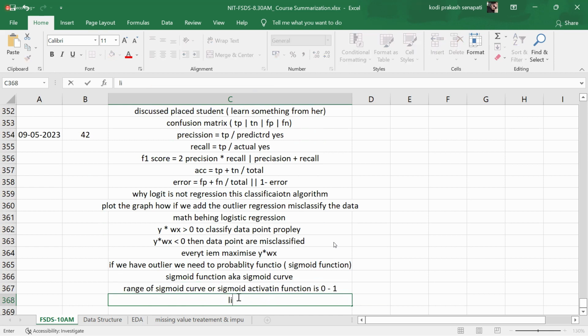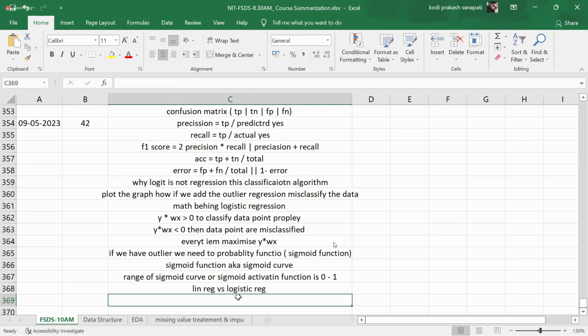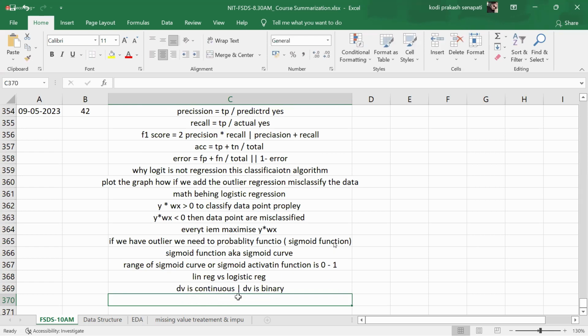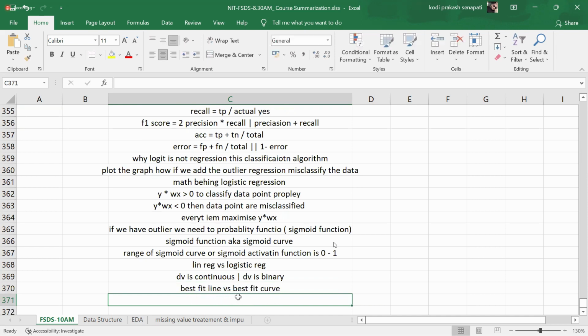And then we discussed the difference between linear regression versus logistic regression. In regression, the dependent variable is continuous, and in logistic, the dependent variable is binary, isn't it? We get a best fit line versus a best fit curve, and the range is 0 to infinity versus 0 to 1.